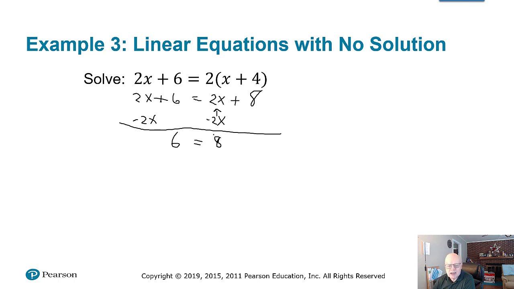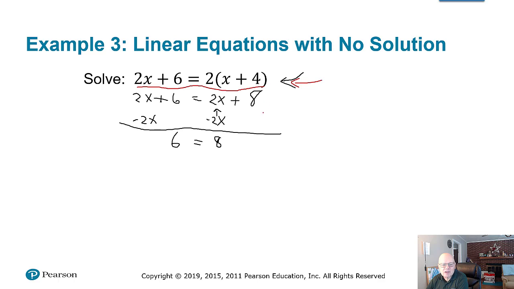And part of you says, what in the dickens is going on? Well, it's important to remember, what does this really say? I'm going to check back here with the red. This statement over here says that if you pick the right x, this is going to be a true statement.